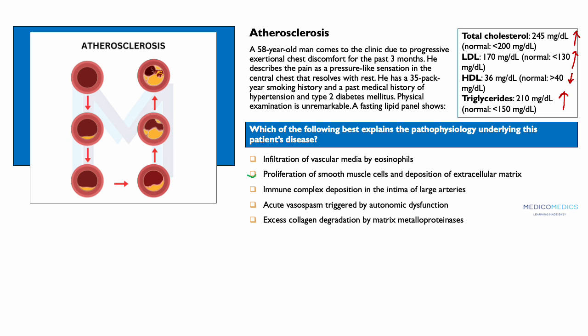If you've selected B, proliferation of smooth muscle cells and deposition of extracellular matrix, then you are correct. Now, why? Well, atherosclerosis is a chronic inflammatory disease of the arterial wall that leads to the formation of atheromatous plaques, primarily in large and medium-sized arteries, such as the coronary arteries, carotid arteries, and renal arteries, for example.